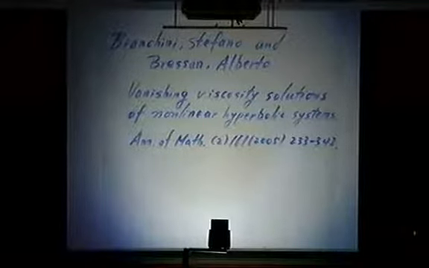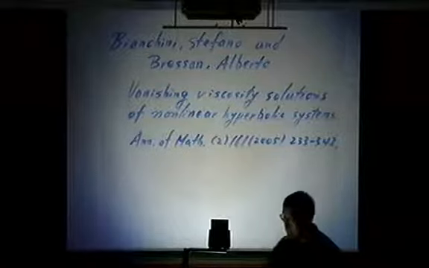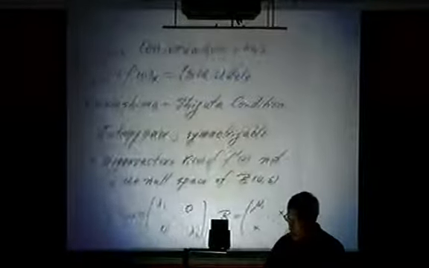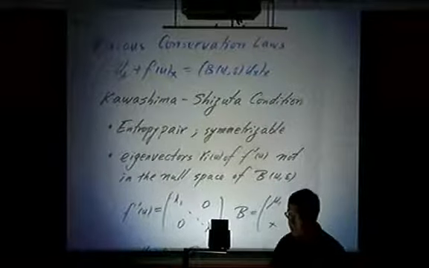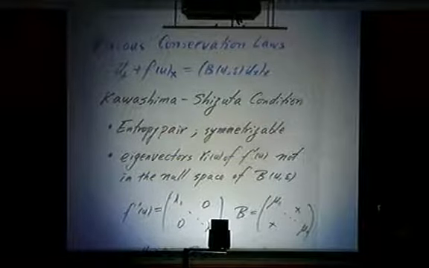A surprising thing is that this result could not be generalized for the physical viscosity, such as the Navier-Stokes equation. So how about the physical viscosity? Why is physical viscosity harder? There are two reasons.